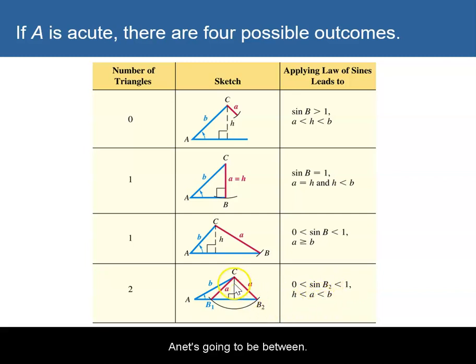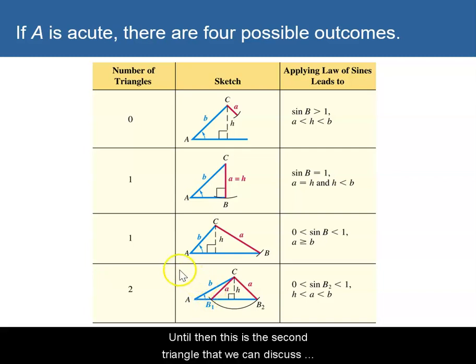And A is going to be larger than the height, obviously, because it forms a right angle here, and it's going to be less than B because B is the longer side in this case. So this is the second triangle that we can construct. That's a nice little diagram that will help us. Obviously this should be in your textbook as well.